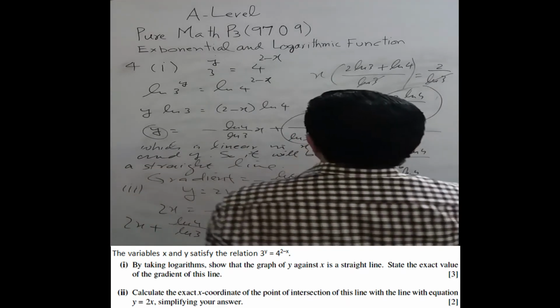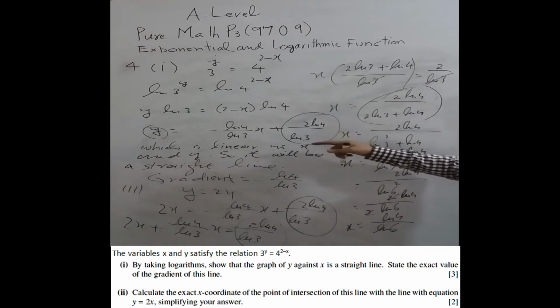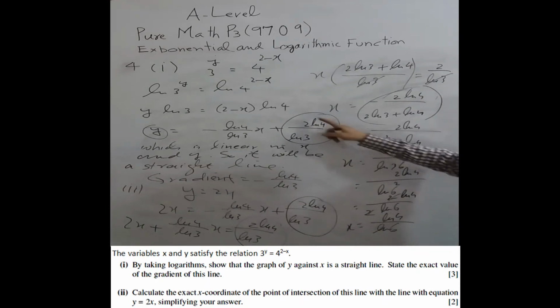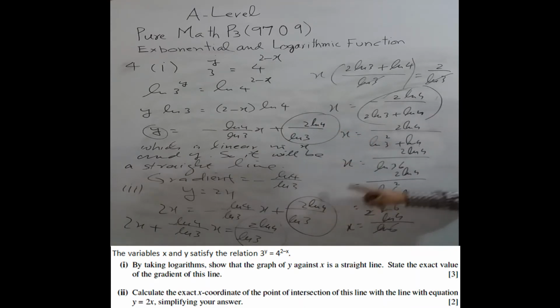Now here was actually ln 4. Sorry, I have missed this ln 4 over here. Everywhere we have ln 4, in the end we have ln 4 in the answer. Thank you.